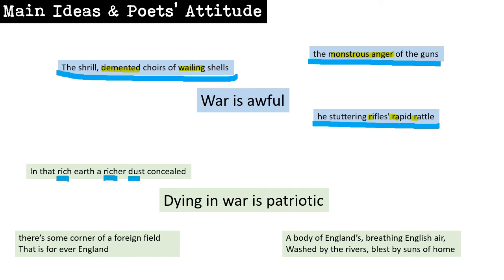The idea that dying in a foreign field, with alliteration on the F's, creates a sense of forever England. So we've got the F sounds being repeated: foreign, field, and forever.